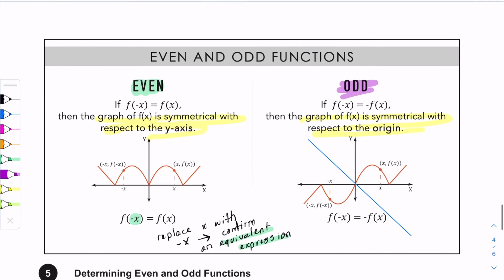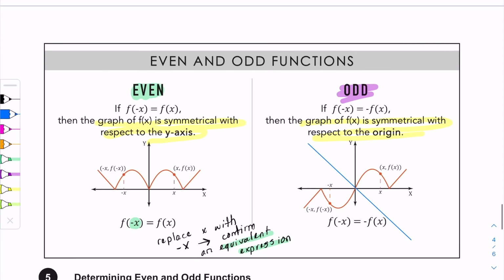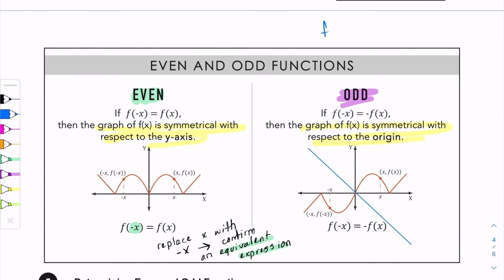So the only thing here is you typically start with function notation. So just a quick side note, remember that f of x, or function notation, is the same thing as just using y. So if we're replacing x with negative x and y with a negative y, this little note is going to be helpful.